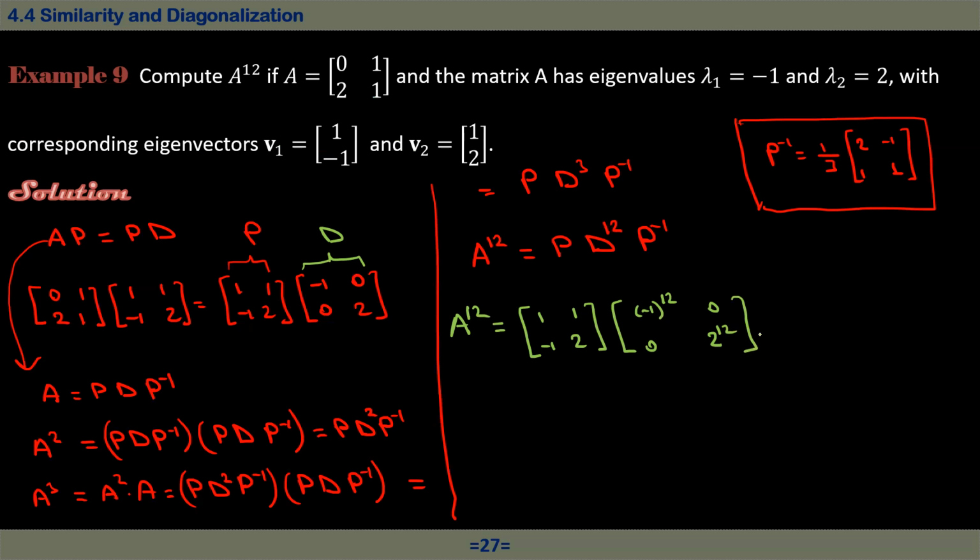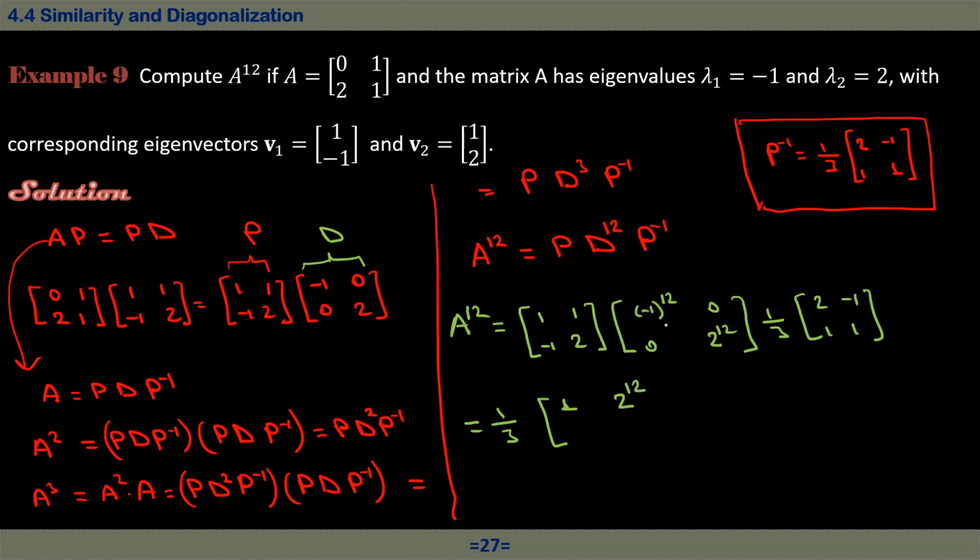And here we have P inverse, which is equal to 1 over 3 times 2, minus 1, 1, 1. And 1 over 3 is just a constant, a scalar. I can just keep this here, 1 over 3. First, if you multiply these two matrices together, here we have 1 times 1, 1, 0 times 1, so here we have 1. 0 times 1, 0, 2 to the power of 12 times 1, here we have 2 to the power of 12.